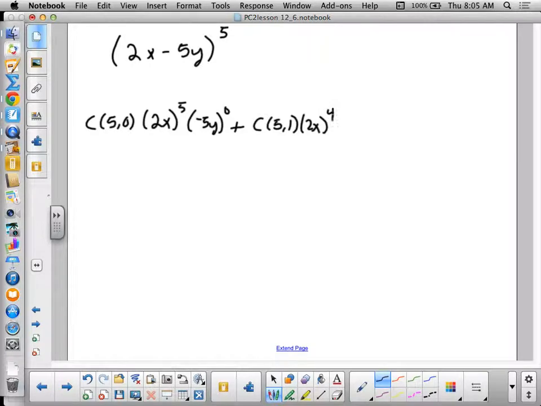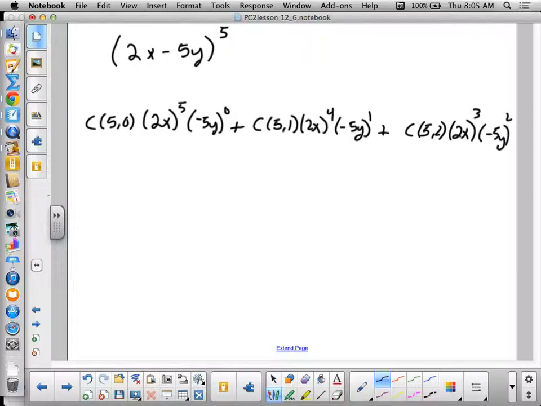Take the 2x to the 4th power, reduce that power by 1, increase the 2nd power by 1. Negative 5y to the 1st power. Plus, combination of 5, choose 2. 2x to which power now? 3rd power. The negative 5y to the 2nd power.